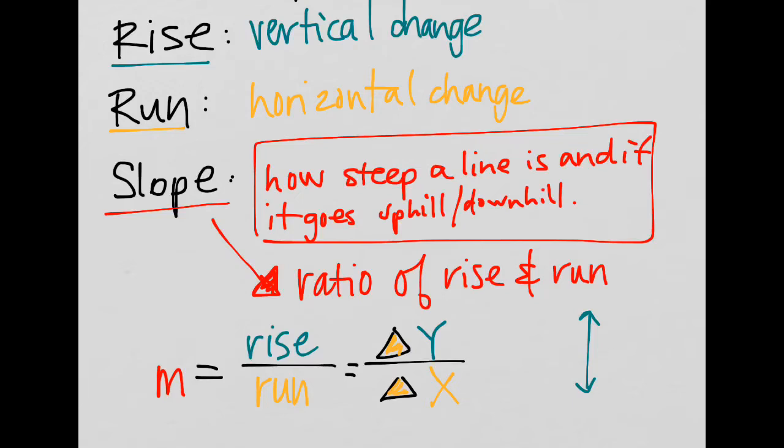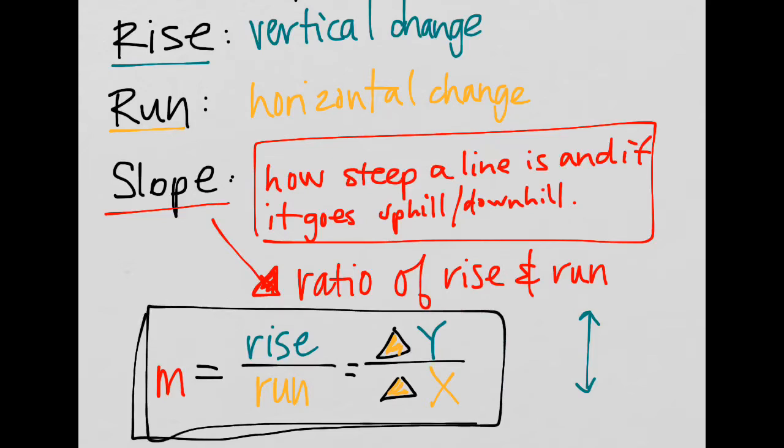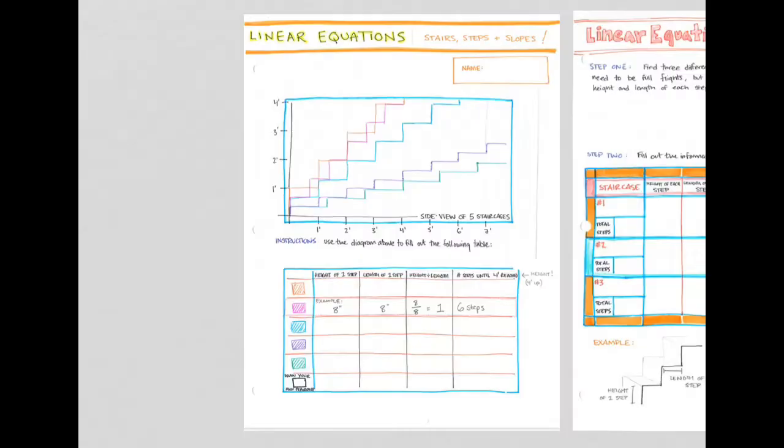All right, so if you have nothing else, please make sure you have this right here. This is really important. This is going to be the formula that we will use, and we'll have it in our notes here in the future too. All right, so how much it changes up and down and how much it changes across horizontally.